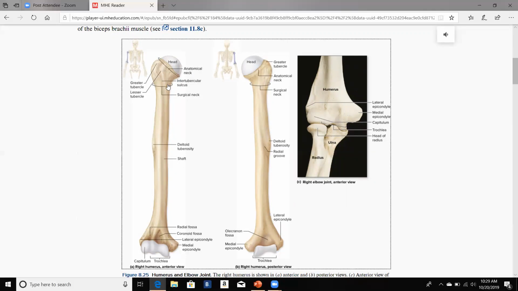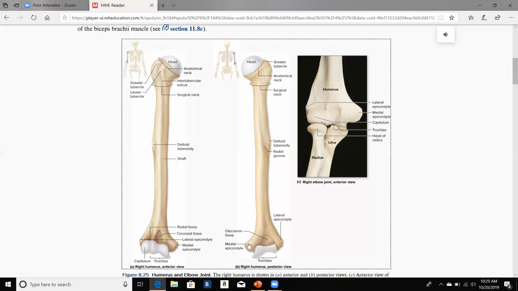Another structure you need to know is your greater tubercle, and another one is your lesser tubercle. So when you're looking at the humerus, to differentiate between anterior and posterior, one landmark is these tubercles. You can see both from the anterior view.